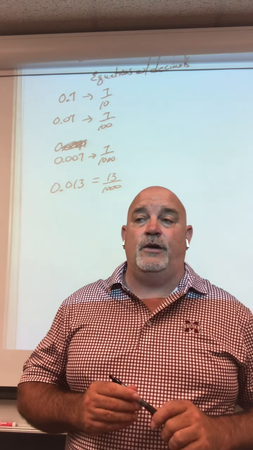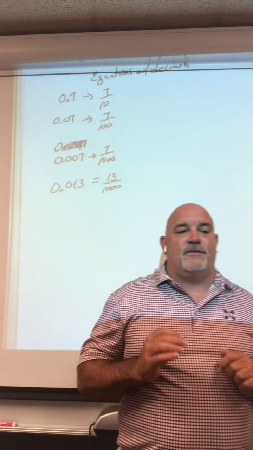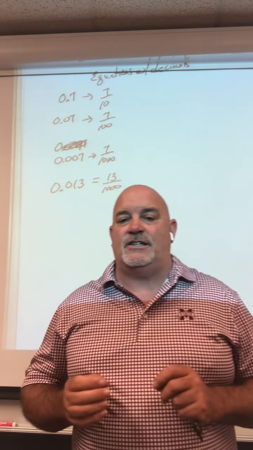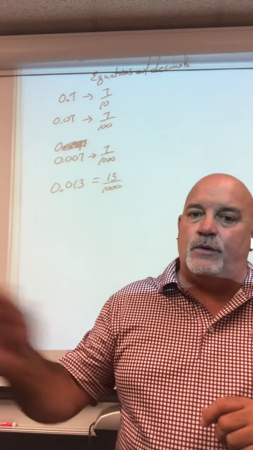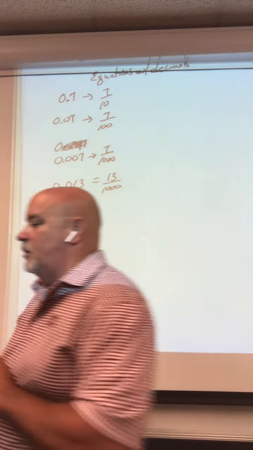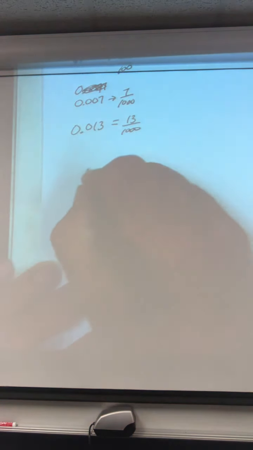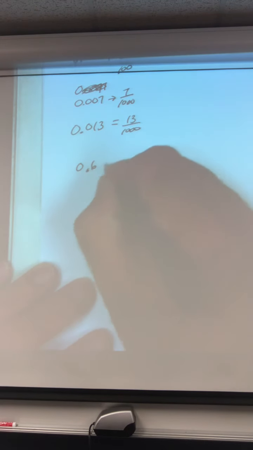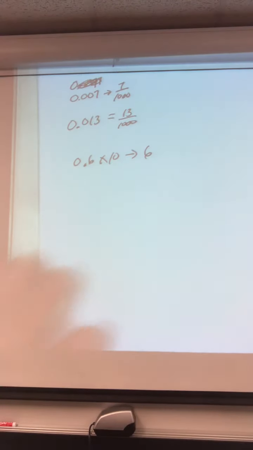So here's what we will do. If an equation has decimals that are to the tenths spot, what we will do is multiply through by 10. Now, what does multiplying through by 10 do? Well, let me just show you this. So if I have 0.6 and I multiply that by 10, that just gives you 6.